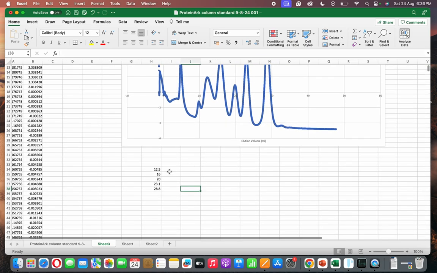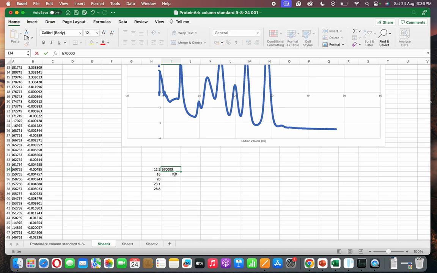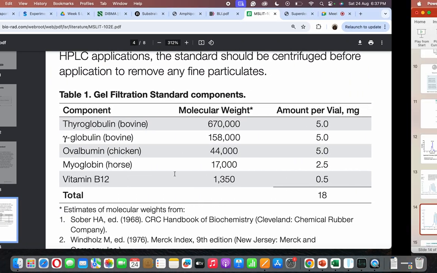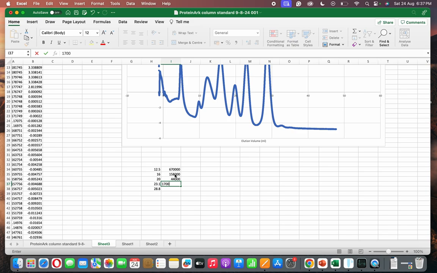Now we can match them to the molecular weight. So we had 670 kDa, 158 kDa, 44 kDa, 17 kDa, and 1.3 kDa. This is just the molecular weight.